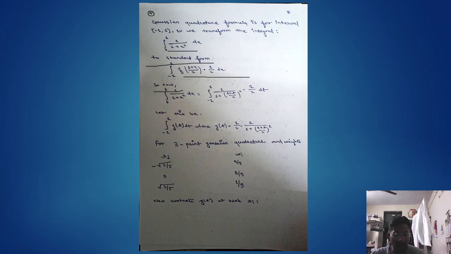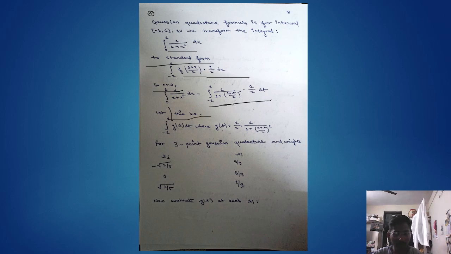So now the integral from 0 to 1 of 1 by 1 plus x square dx is equal to the integral from -1 to 1 of 1 by 1 plus x square, with x equal to (1 plus t) by 2, into dt by 2.